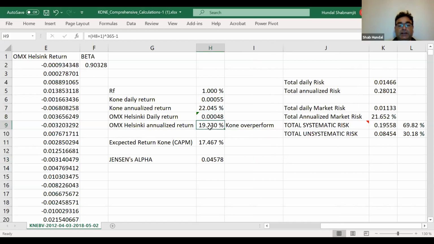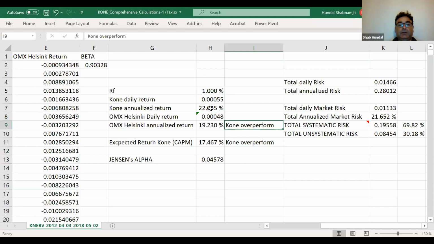How much I was expecting from Kone is given by CAPM, and that was 17.467. This again shows that Kone overperformed.